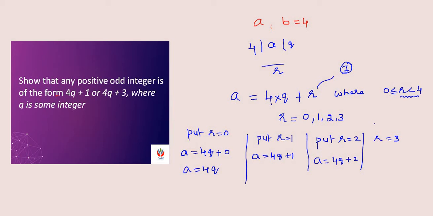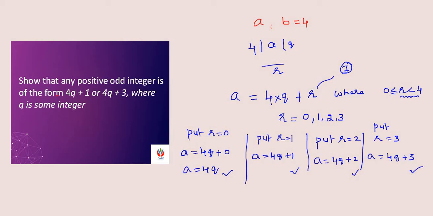If you substitute in equation number 1, you get a is equal to 4q plus 3. So a takes different forms: 4q, 4q plus 1, 4q plus 2 and 4q plus 3.